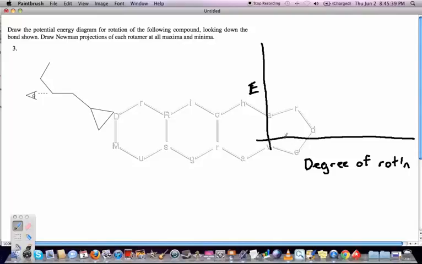And you'll start out here. I like to start out at 0. There are other diagrams you'll see that will start out at 180 and then go across, but 0 is fine. And then do it by 60s, because that's going to be how you're going to do the rotations as well.